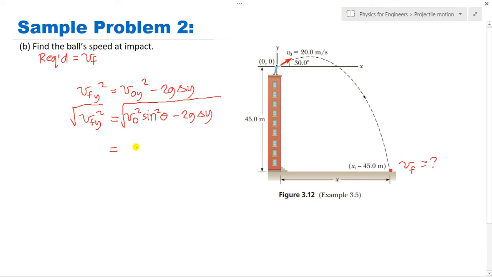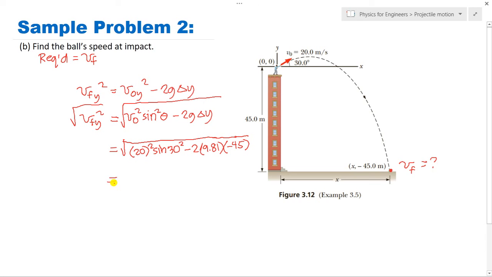So we now have the square root of 20 squared, sine of 30 squared, minus 2 times 9.81 times our delta y, -45. So -45 meters.